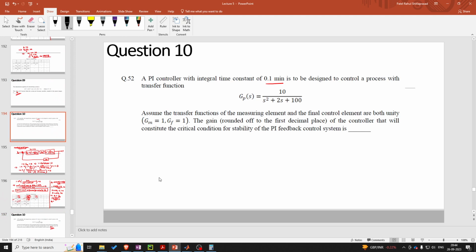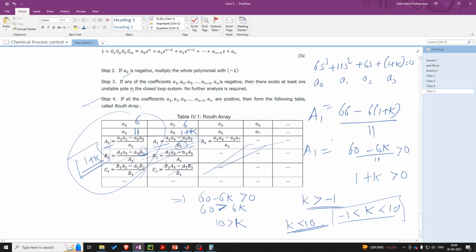Over here we have been asked to find the critical condition for stability of the PI feedback control system. That is, the system will be critically stable when we equate it to 0. That is, this term should be equal to 0, that is 60 minus 6k should be equal to 0. So this will give us k is equal to 10.